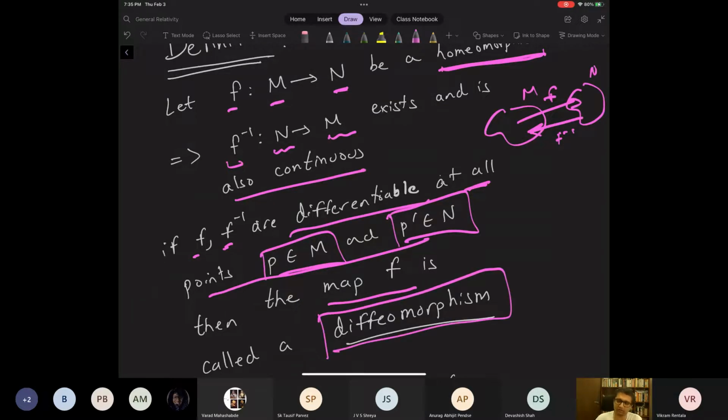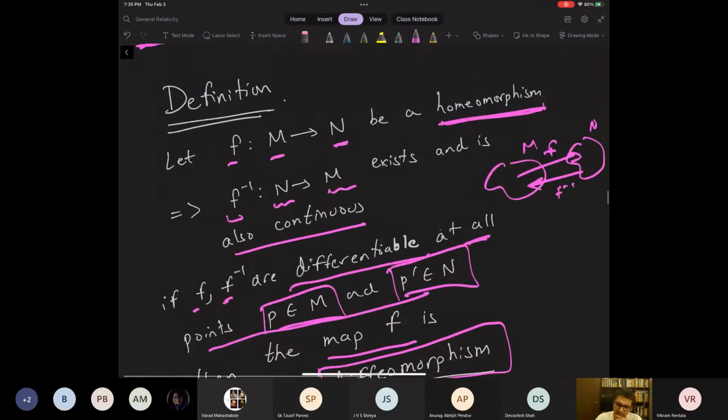That's the definition of what we call a diffeomorphism. So a diffeomorphism is a homeomorphism which is also smooth.